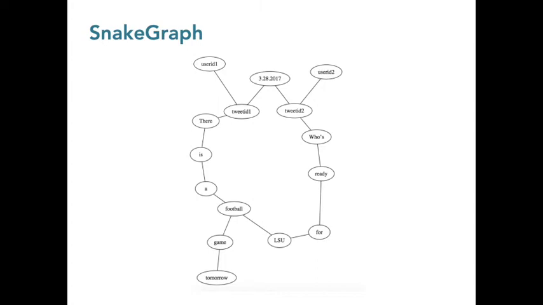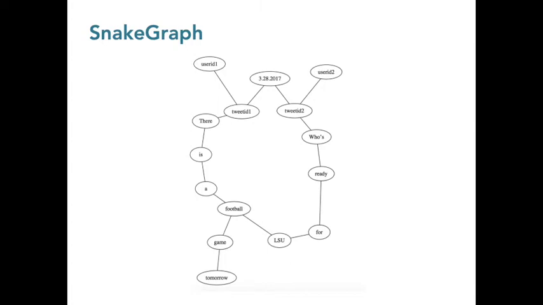Then for each tweet, we attach the user ID node for that particular tweet to the tweet ID node for that particular tweet. So in this case, we connect user ID 1 to tweet ID 1. We also connect user ID 2 to tweet ID 2. We also attach all of the words that appear in each tweet in sequence to the tweet ID node.